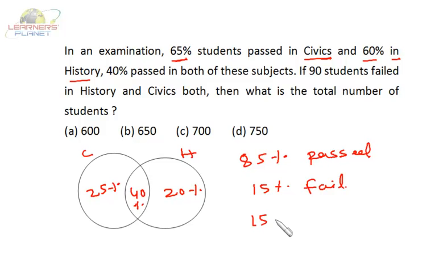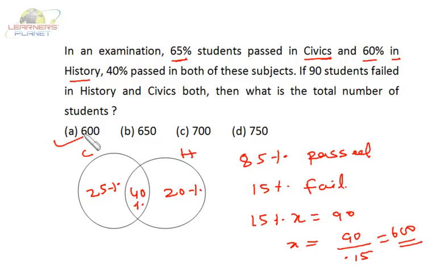So 15% of x is equal to 90. That means x is 600. Okay, I hope you are clear. So the total number of students is 600. Okay, let's take the next problem.